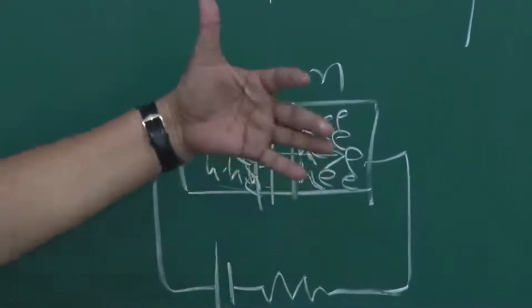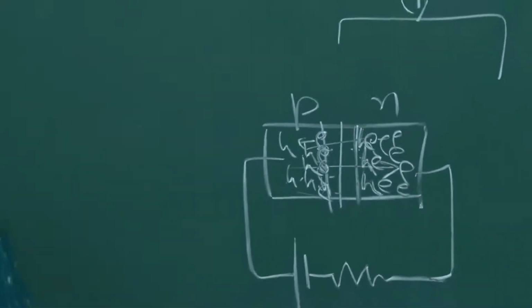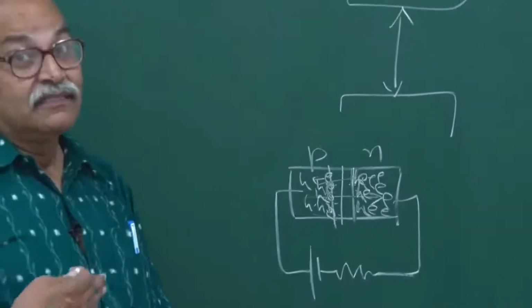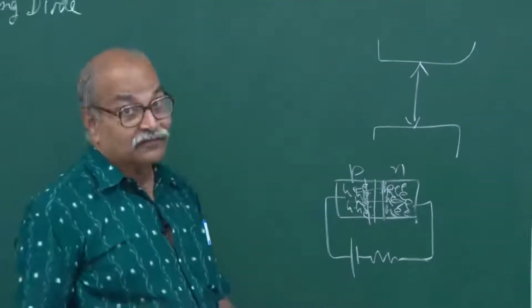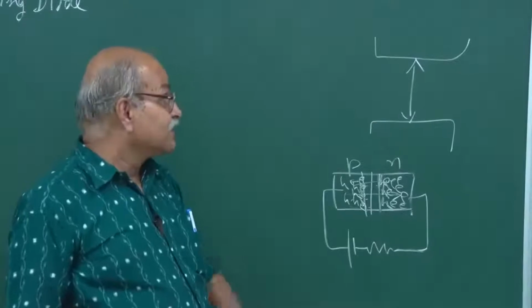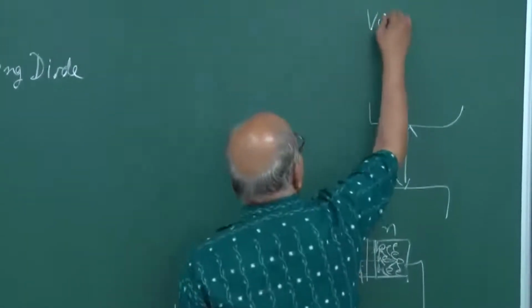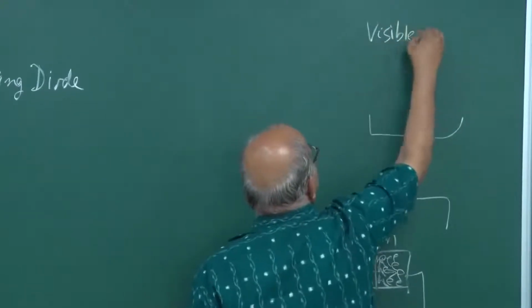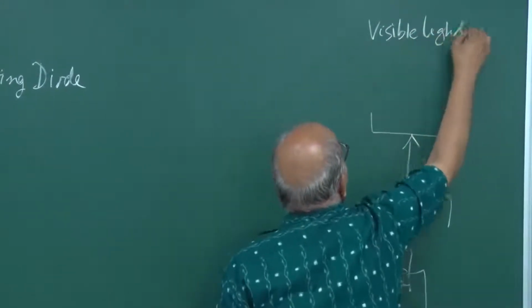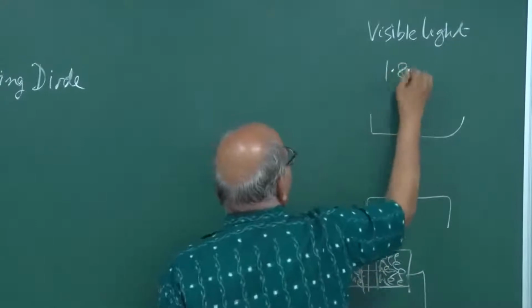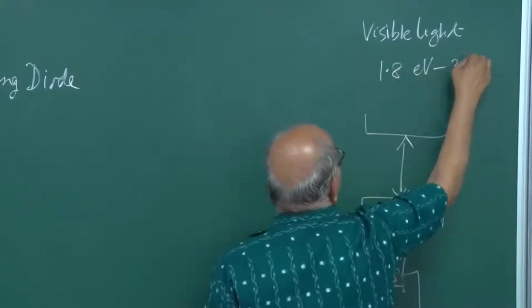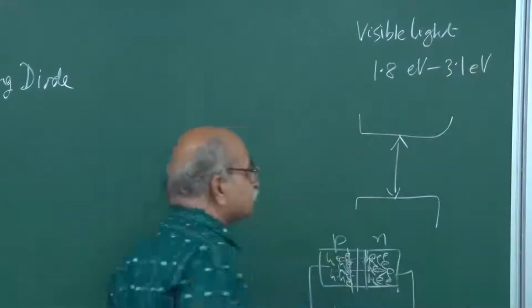And if during this recombination the energy which is released, if it is released in the form of a photon, and if that energy is in the visible range, we just calculated your visible energy, visible light, the energy range for photon is something like 1.8 electron volt to 3.1 electron volt.